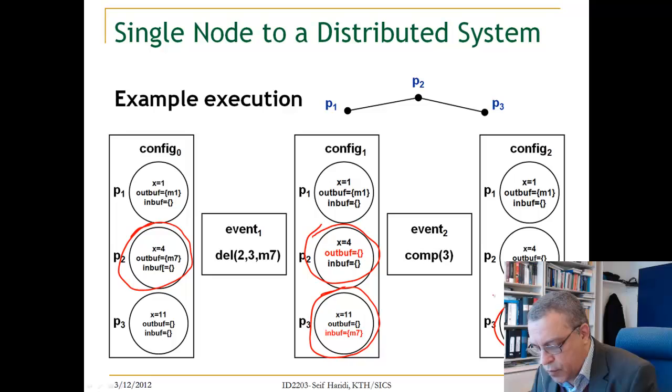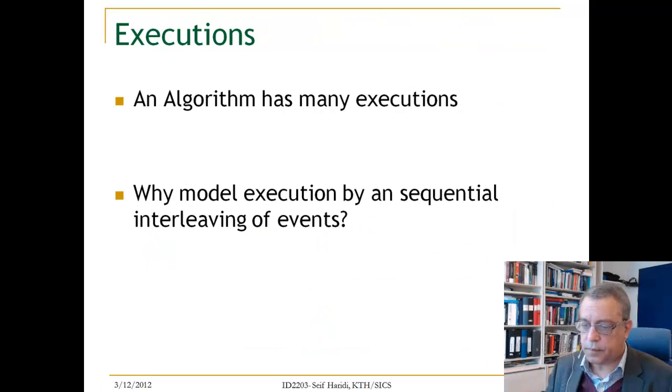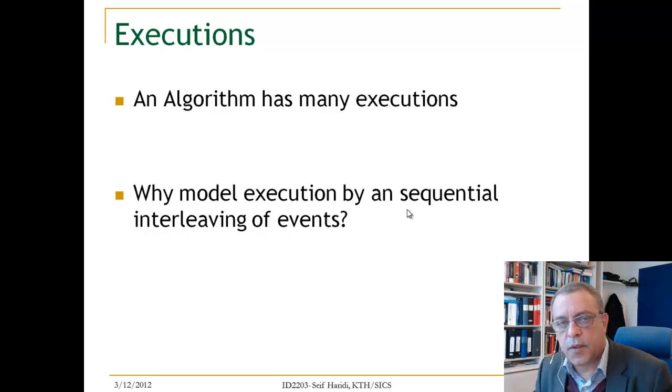We just transform the state of node 3. So an algorithm has many executions, and every execution is described by a sequence of events. I will leave you now a question to answer: why do we model execution by a sequence of interleaving of events?